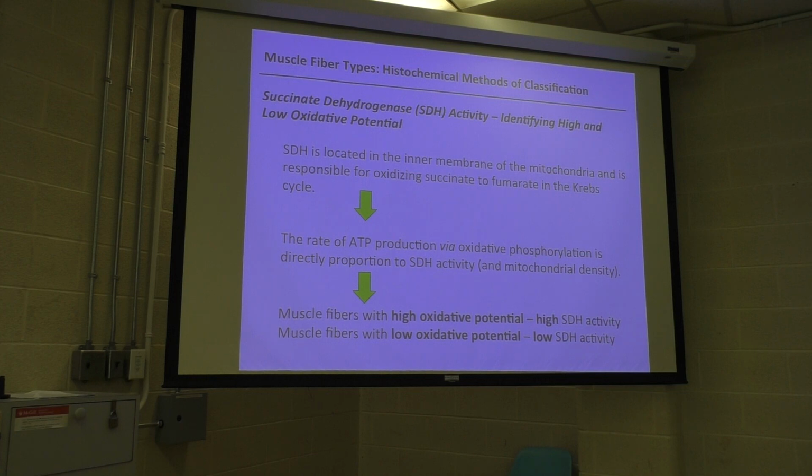Mitochondria produce your ATP, and so we're looking for something called succinate dehydrogenase, which is in the inner membrane of the mitochondria, and it's an intermediate in the Krebs cycle. SDH activity is proportional to ATP production.